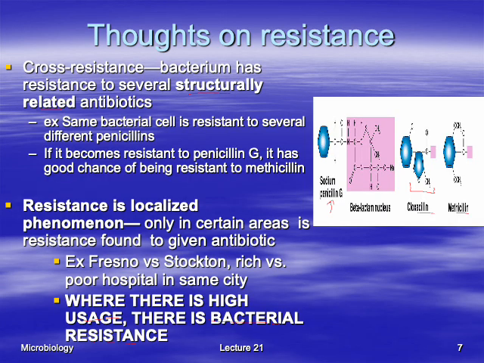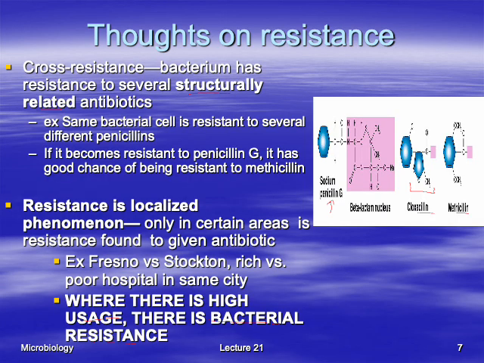If an antibiotic is used a lot in a certain hospital, town, or state, you can pretty much guarantee there's a lot of bacteria resistant to that antibiotic. But if that antibiotic is not used in that hospital, city, or state, then probably there aren't as many resistant bacteria.